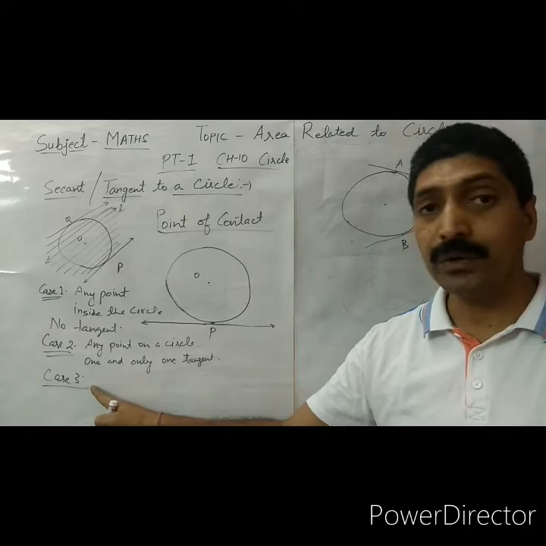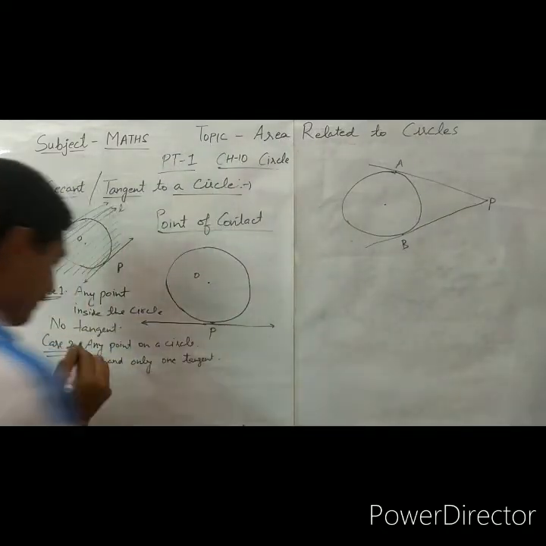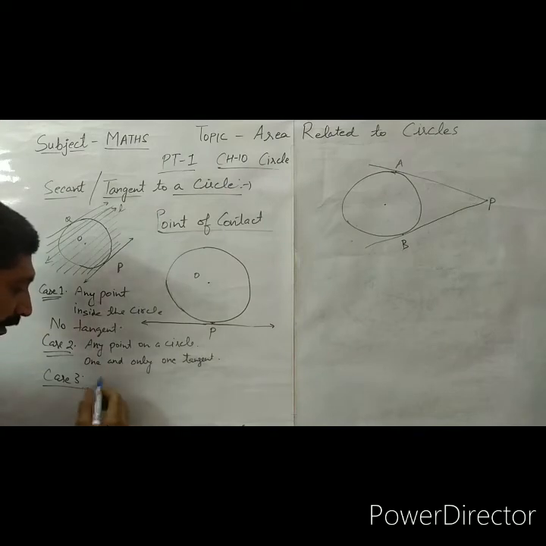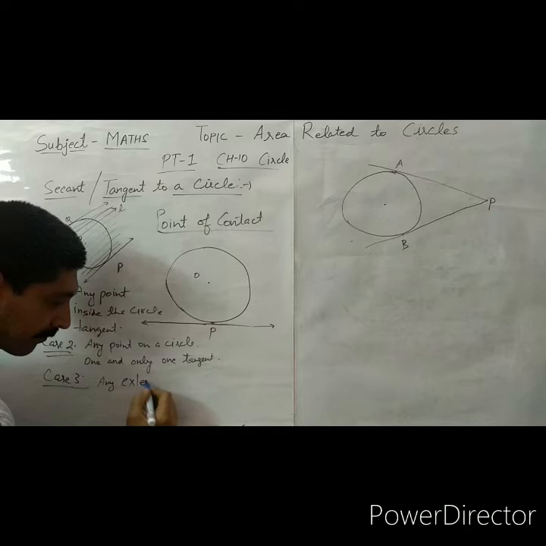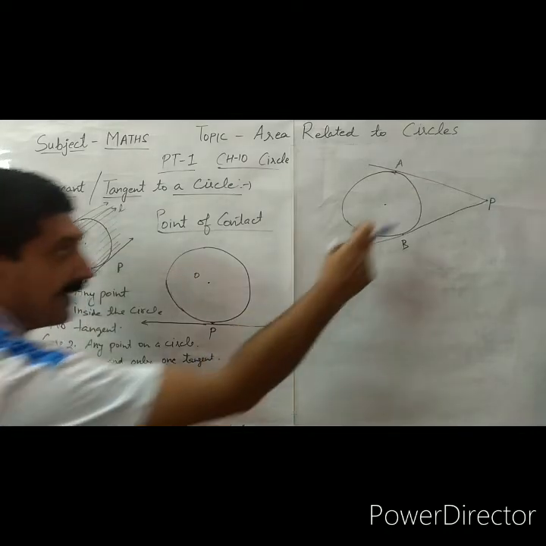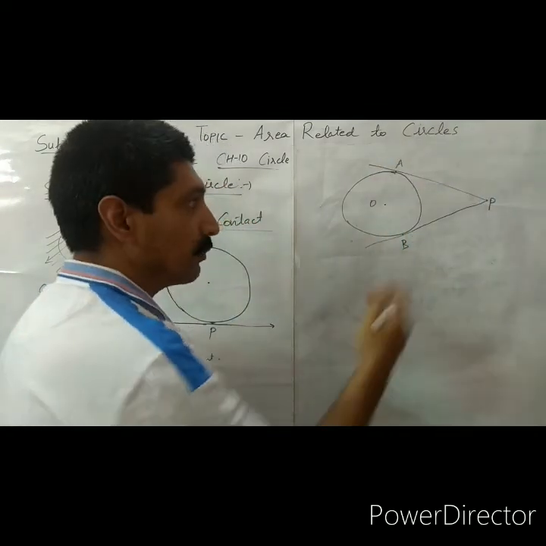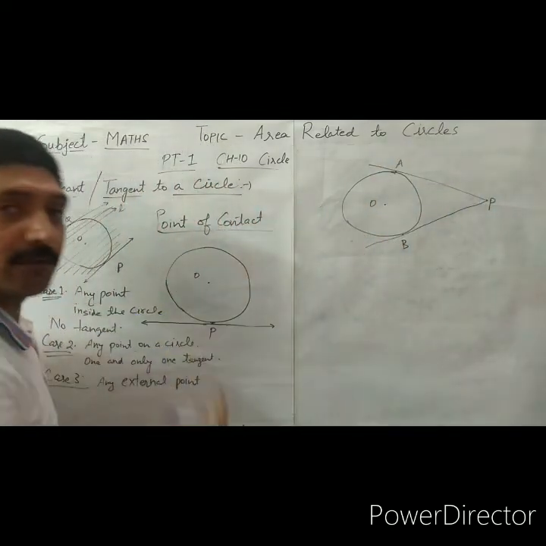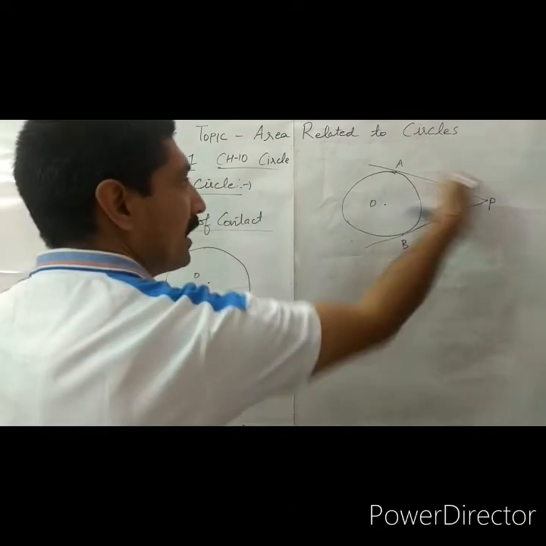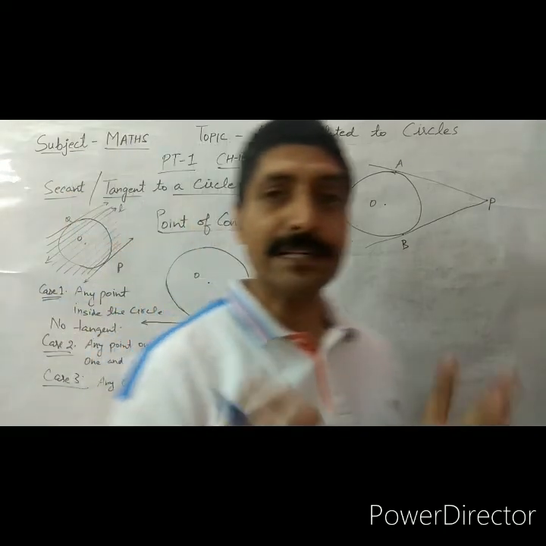Case 3, we have a pair of tangents from any external point, which means any point outside the circle. Like here, PA and PB are the pair of tangents.